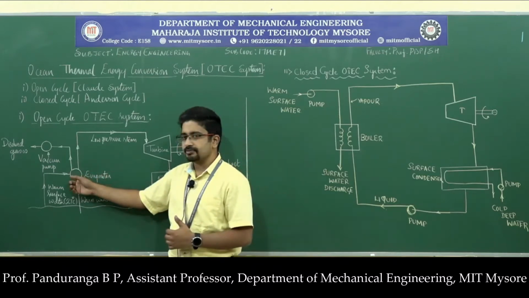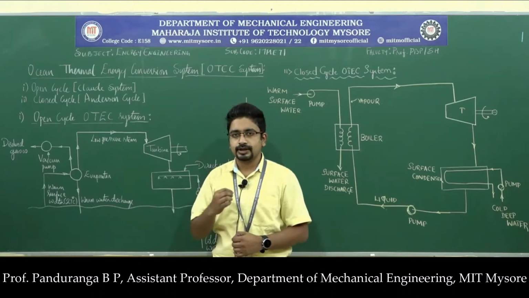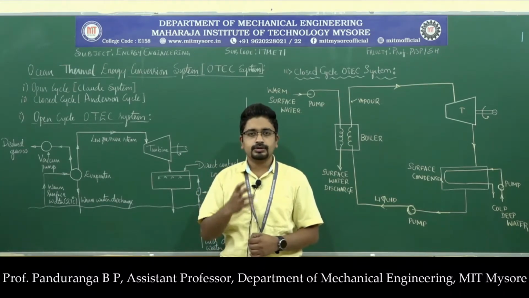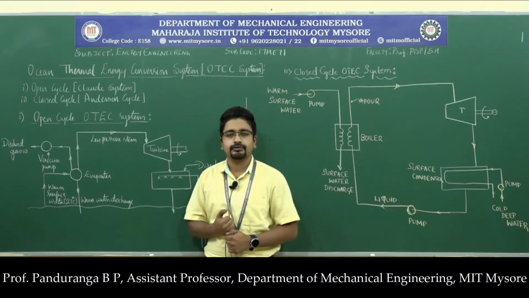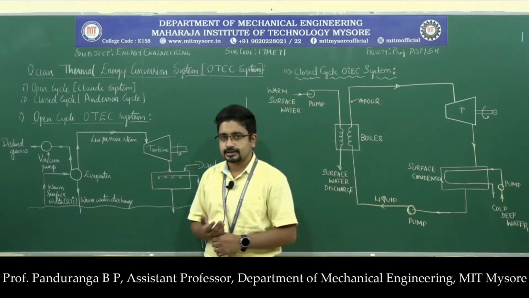To reduce the pressure we have a vacuum pump here. The function of the vacuum pump is to reduce the pressure and also to remove non-condensable gases which may affect the pressure of the steam.